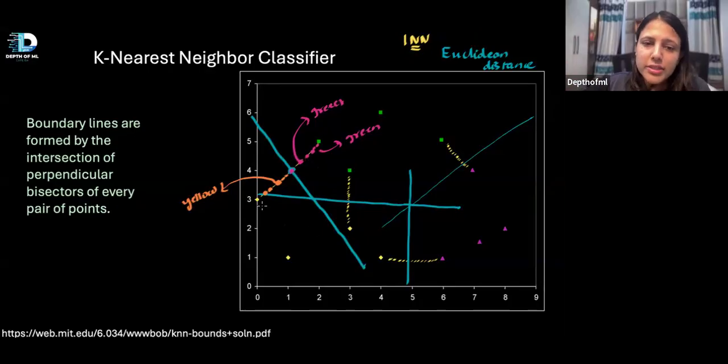Suppose I do it for this particular point. Any point which is here or any point which is here will always be classified as yellow. Hence, this decision boundary is redundant, because any point here is also closest to yellow, and any point here is closest to yellow only.